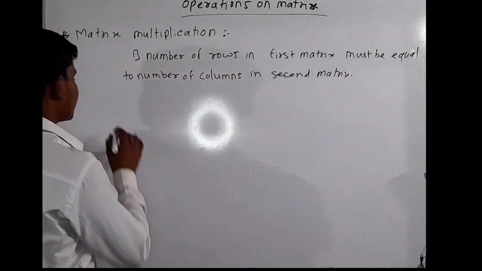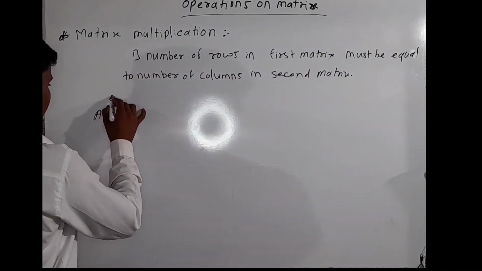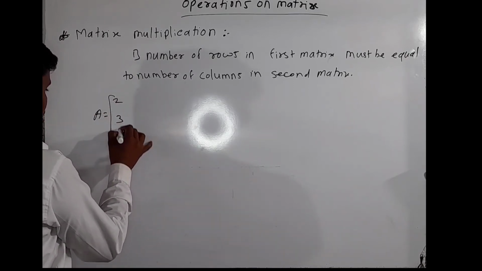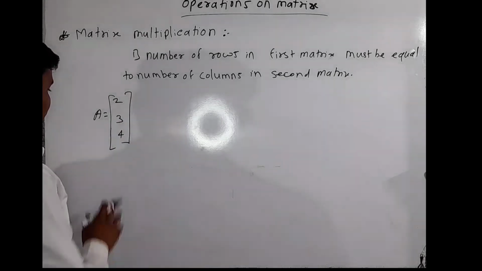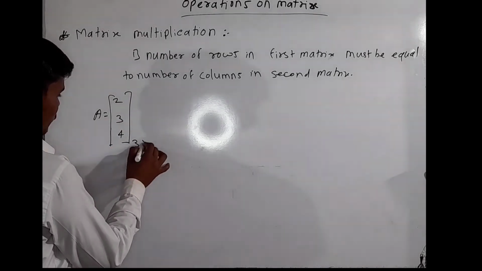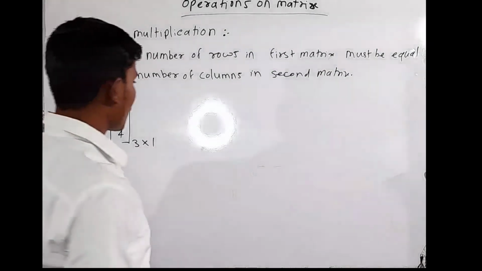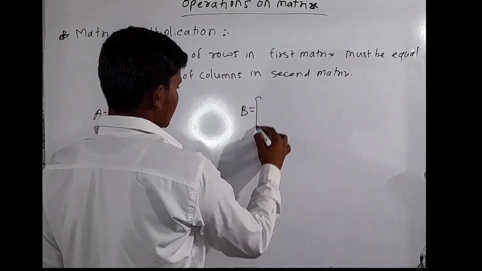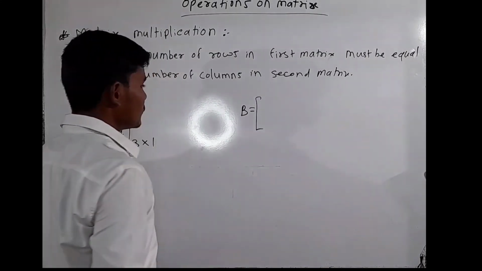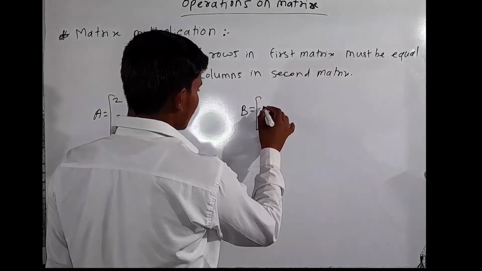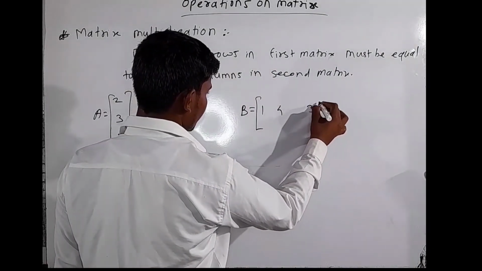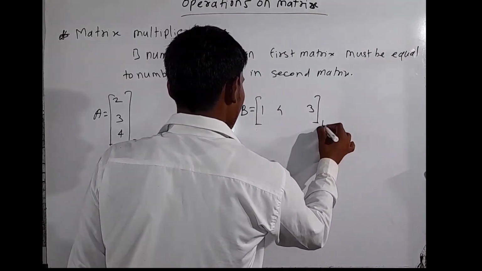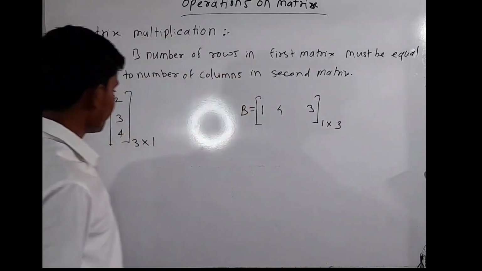After that, take one example: a matrix A, 2, 3, 4, having 3 rows and 1 column, and then a matrix B having 3 columns and 1 row, so its order is 1 by 3.